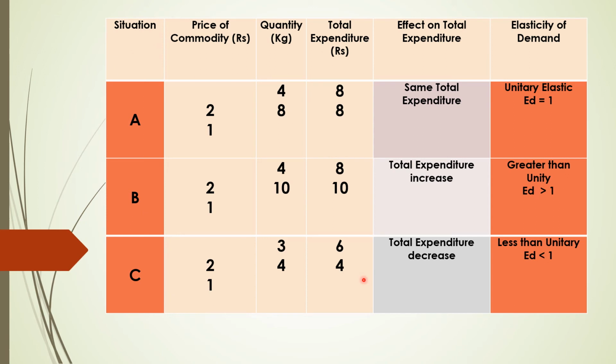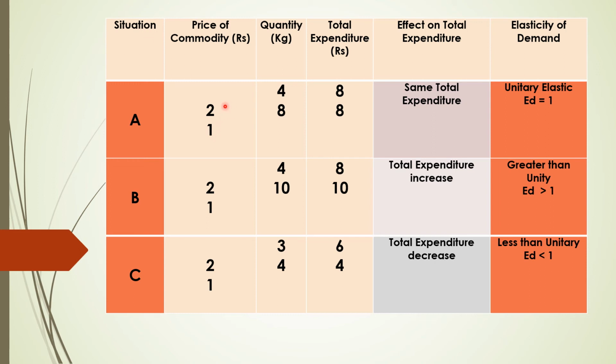Now, as I said, in the total expenditure method, we will compare price and the way the total expenditure is moving. Now the first one: when the price is low or high, 2 to 1 or 1 to 2.